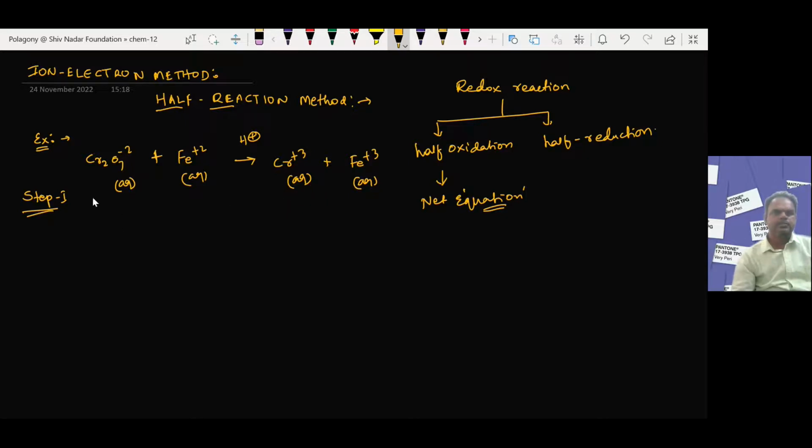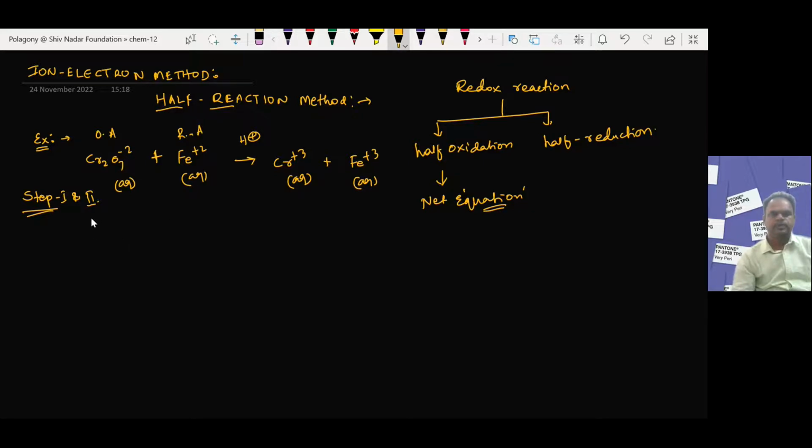In step 2, we divide this equation into two parts, the oxidation part and the reduction part. You must identify the oxidizing agent from these reactants. The oxidizing agent is the dichromate ion, and the reducing agent is the ferrous ion.